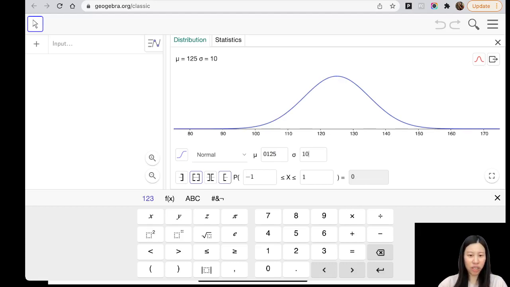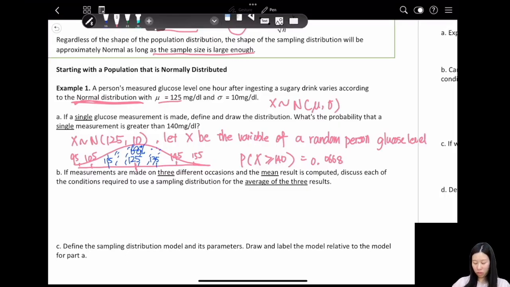And then we're trying to figure out when x is greater than 140. So we have 0.0668, which is 6.68%. You can convert it into a percentage.